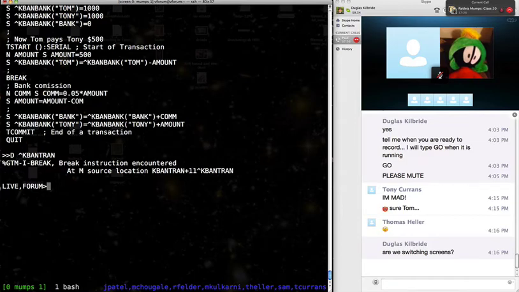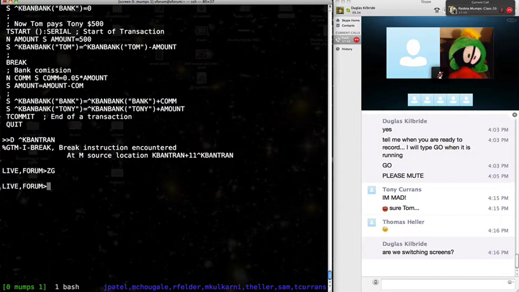Okay, same problem. Now, I want you to notice that we set the initial values of everybody's bank account outside of a transaction, so that gets processed normally. Now we started the transaction, we broke, and let's pretend that we lost power. All right, so we lost everything.